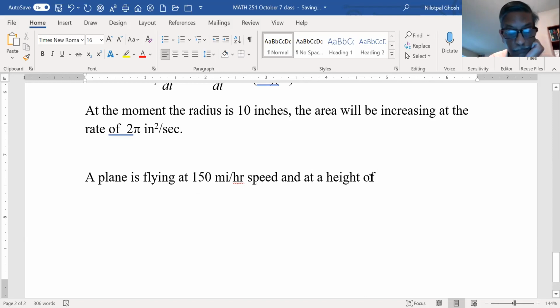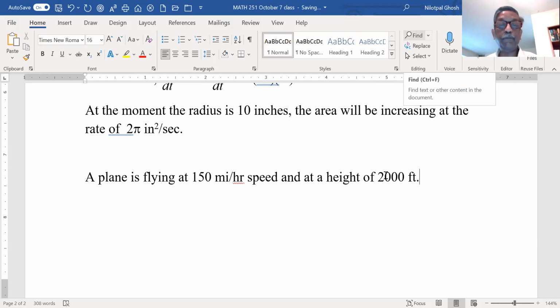And a height of, say, 2000 feet. So can you imagine the plane flying over your head at a speed of 150 miles per hour, but at a height of 2000 feet?